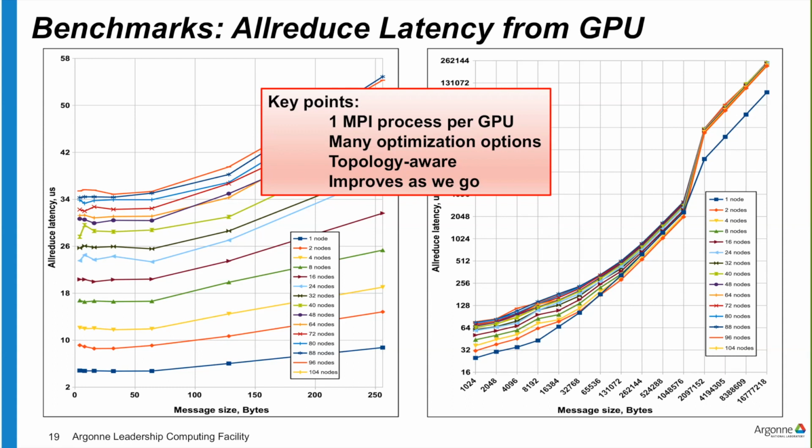I was able to run up to 100 nodes, basically increasing the number of nodes from a single node, where the reduction within a node is at about 4 microseconds, to about 2 cabinets, which is what 104 nodes is about, almost the entire Sunspot machine, which is close to about 35 microseconds for a small message size to about 50 microseconds for 256 bytes.